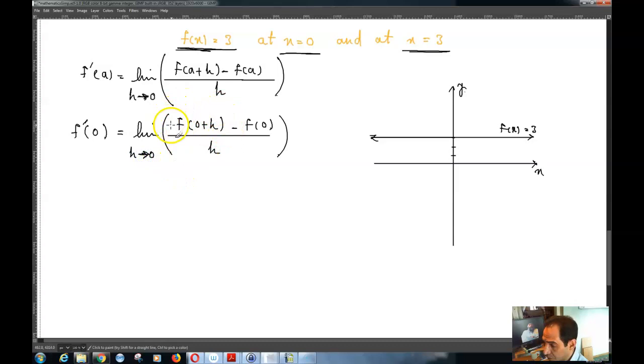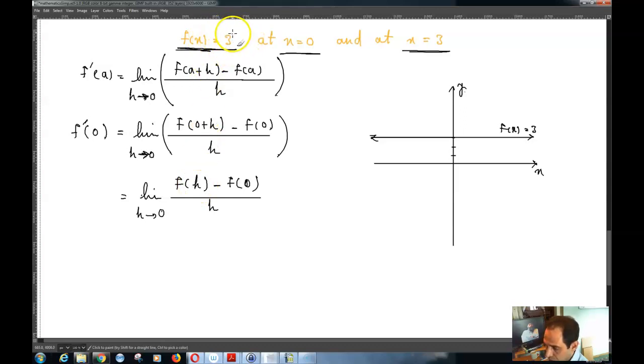Now f of 0 plus h is equal to f of h, so this is the limit of f of h minus f of 0 over h as h tends to 0. Now you know that f of h, in the case of this function, is equal to 3, because you have no variable here.